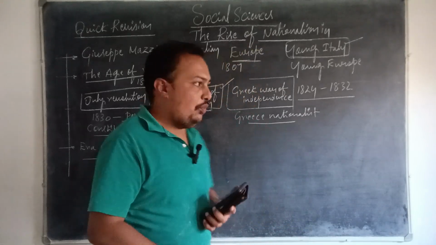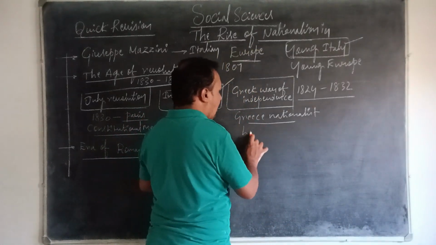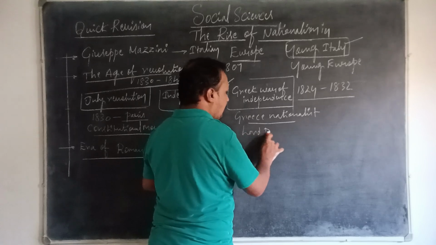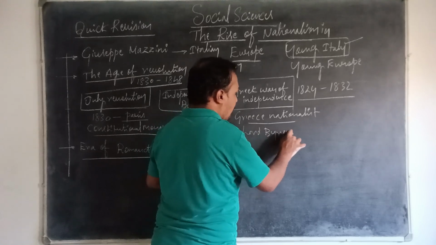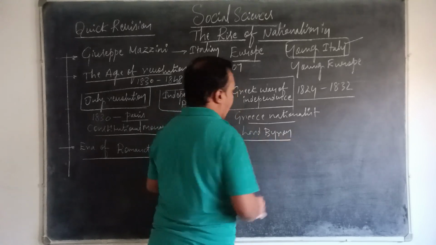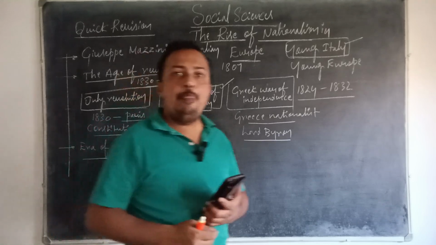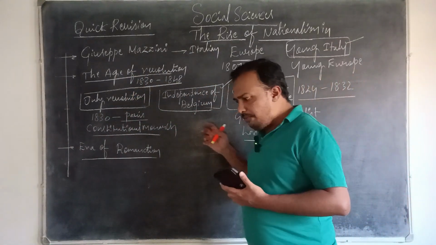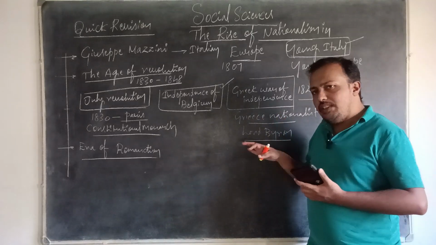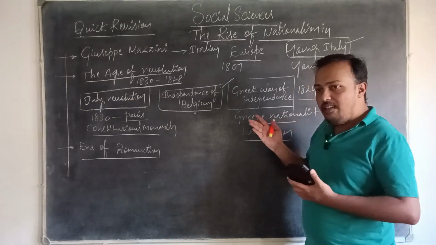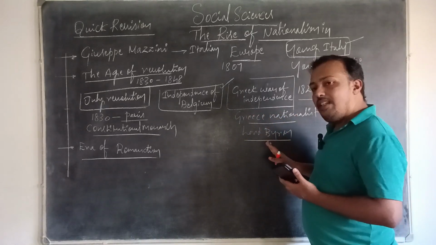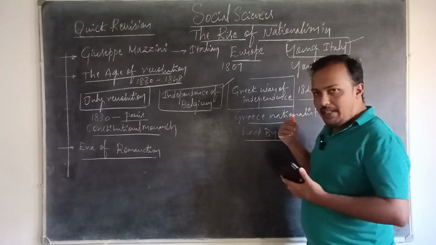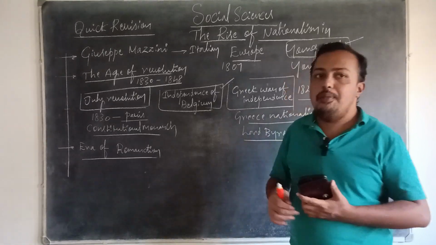One among them was Lord Byron. Lord Byron was from Britain. He was a British poet. He gave his support for the Greek War of Independence because he had sympathy for Greek culture. He raised funds and also participated in the war.